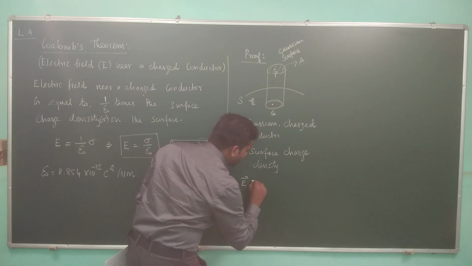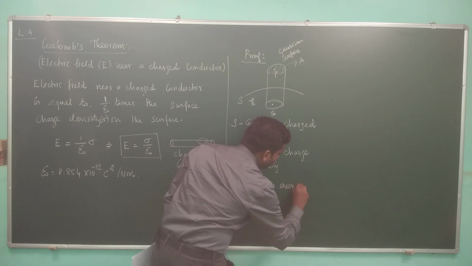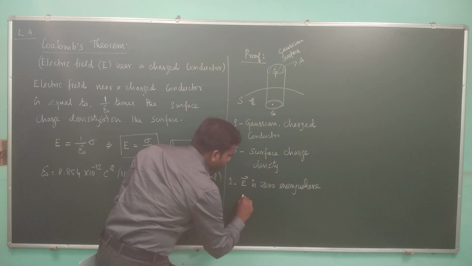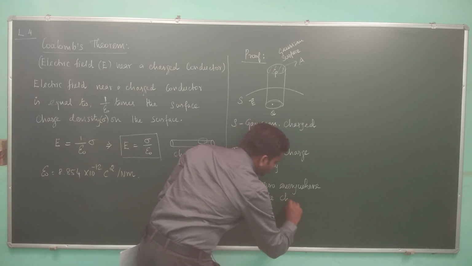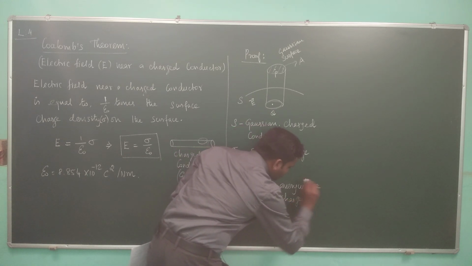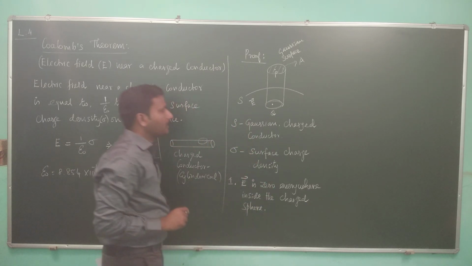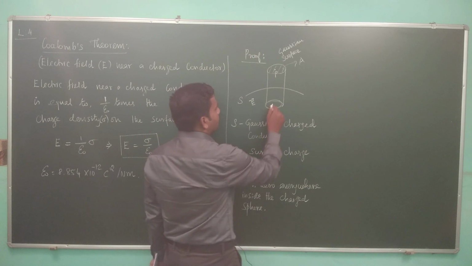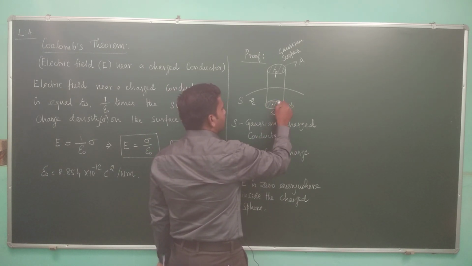So the electric field E is 0 everywhere inside the charged sphere. If so, then the flux phi at this surface.